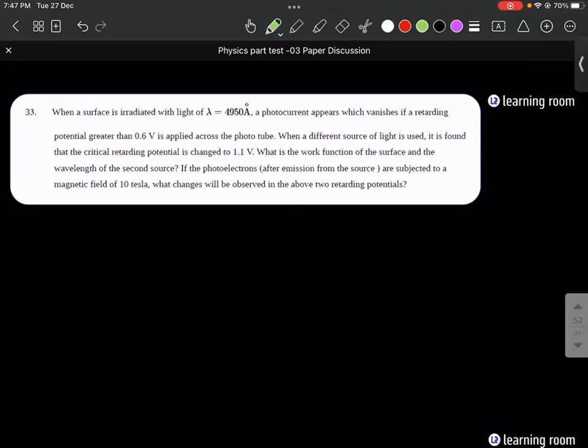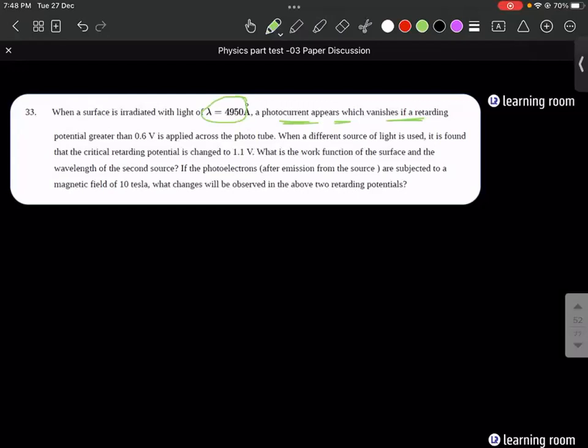How to solve this? When a surface is irradiated with this much wavelength, a photocurrent appears, which vanishes if a retarding potential greater than 0.6 volt is applied across the phototube.